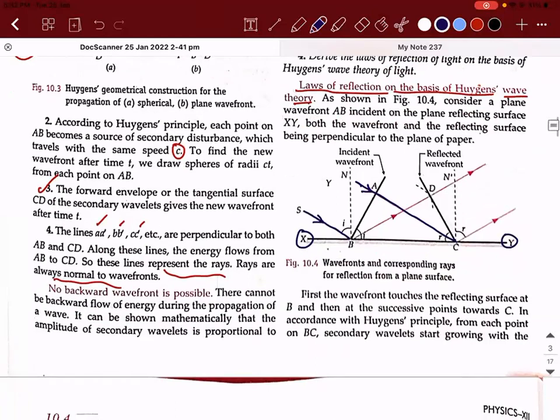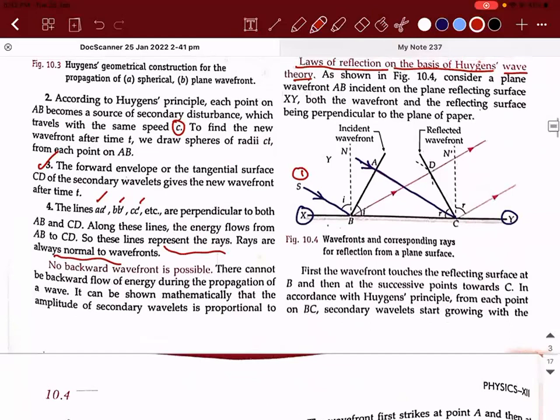Now, as soon as the first incident ray touches the reflecting surface, it will start generating secondary wavelets. So first draw a wavefront like this.